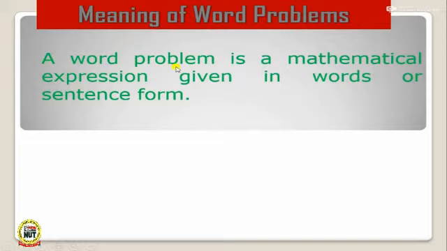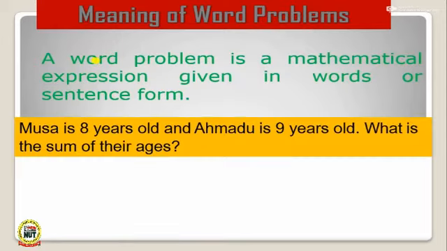A word problem is a mathematical expression given in words or in sentence form. So it means instead of saying 2x plus 5 equals 8, you say it in a sentence form, so that the mathematical expression will be given in a sentence form.